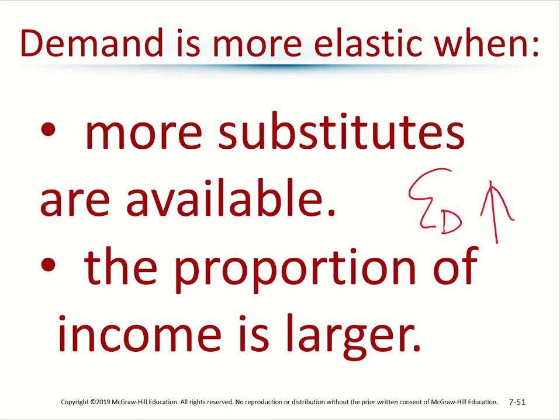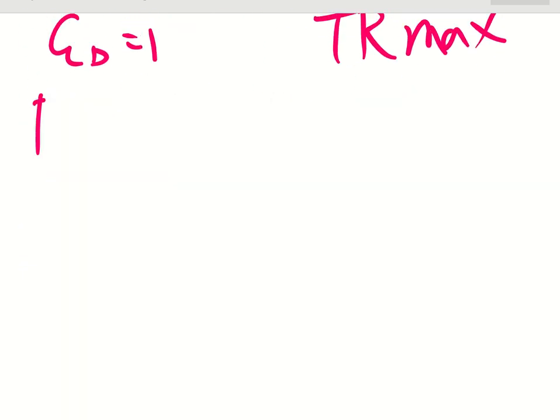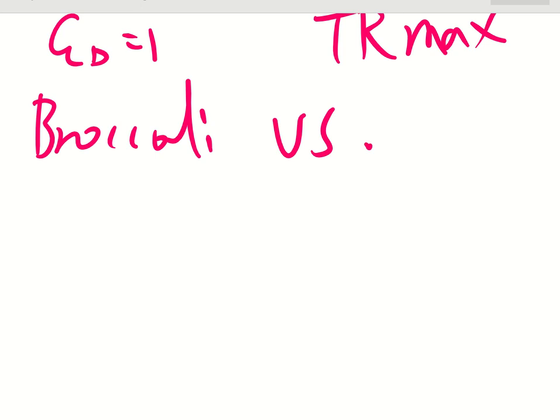So, for example, imagine that suppose right now there's a price change between, what's a good example? Let's say broccoli versus soy milk.